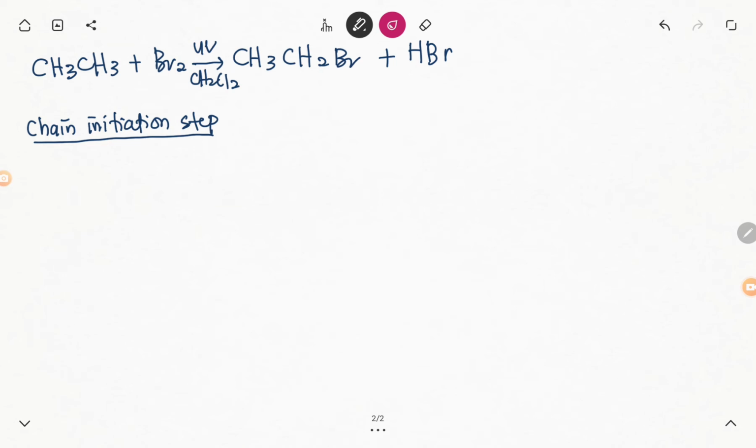Okay, so remember for the first step here, we call it the chain initiation step.